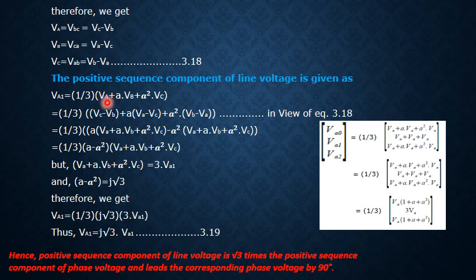So the line voltage VA, we obtained in terms of phase voltage as Vc minus Vb. So instead of line voltage, I am going to represent the entire equation with the help of phase voltages now.